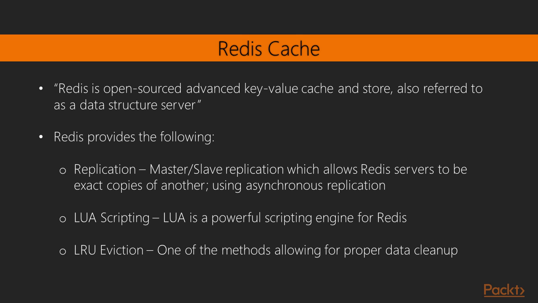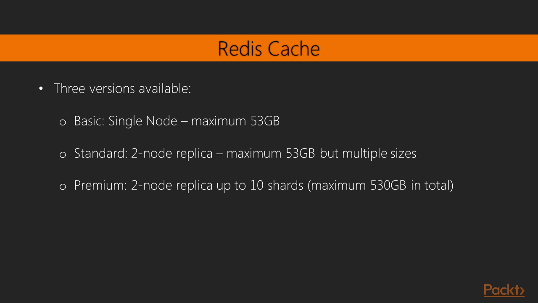Next one is that it provides Lua scripting, where Lua is the powerful scripting language for Redis. And LRU eviction is one of the methods allowing for proper data cleanups within the caching store. When deploying Redis cache in Azure, there are three versions available: a basic one, a standard one, and a premium one, where the basic one exists as a single node, giving you a maximum of 53 gigs of cache.